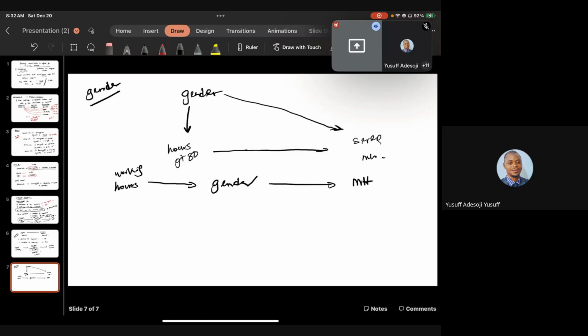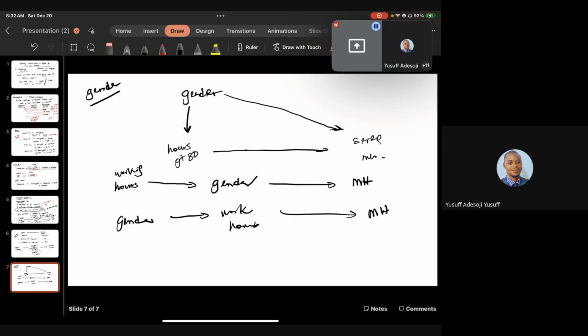Or maybe a person's gender leads them to work longer hours, which then affects their mental illness? Is there any of these pathways that you think hold? I don't think so. You don't think so?